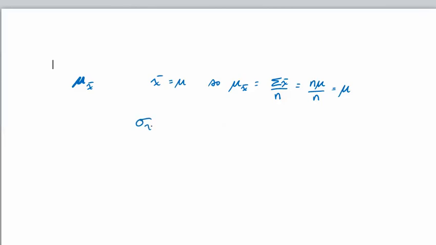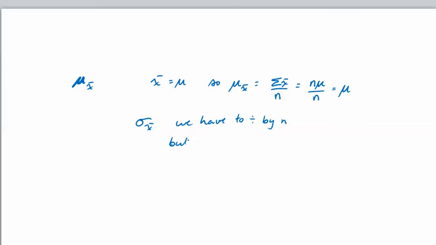For the standard deviation, what we can think about is that once again, we have to divide by the number of samples, just like we would for finding an average.